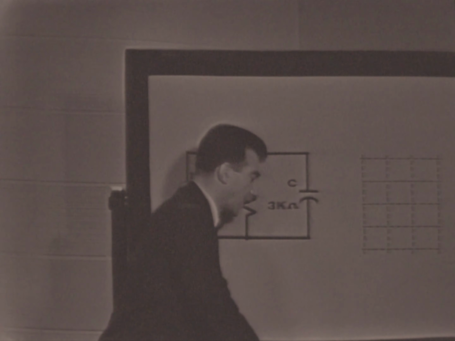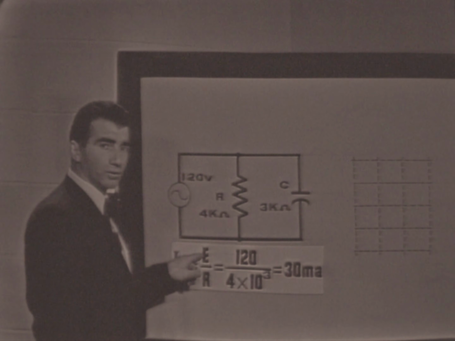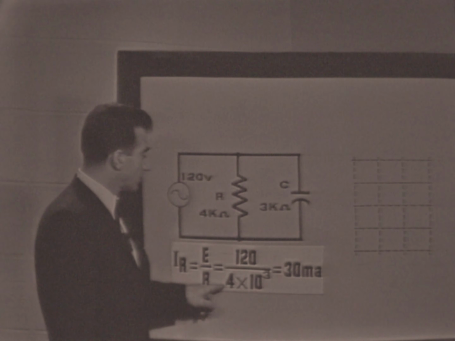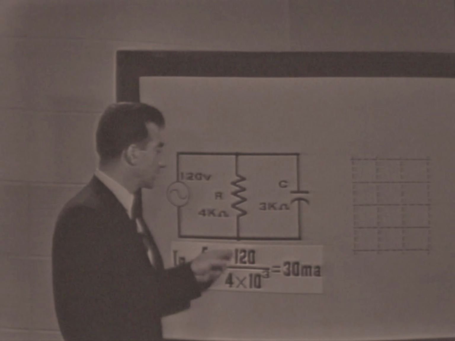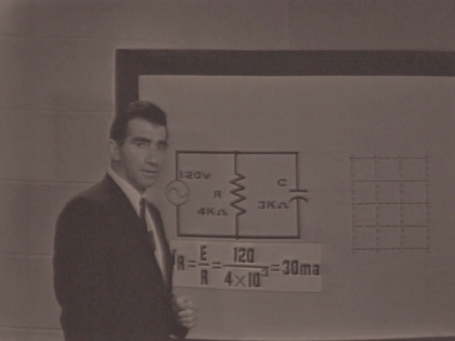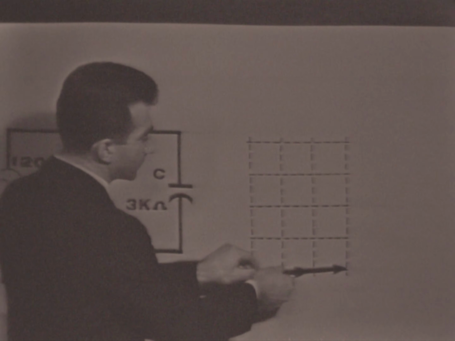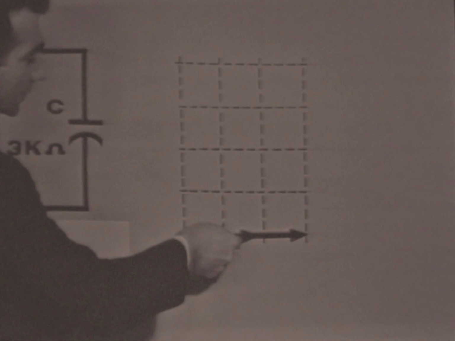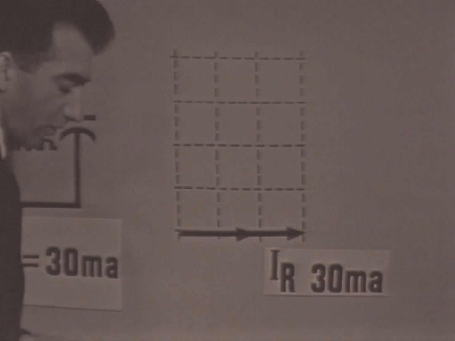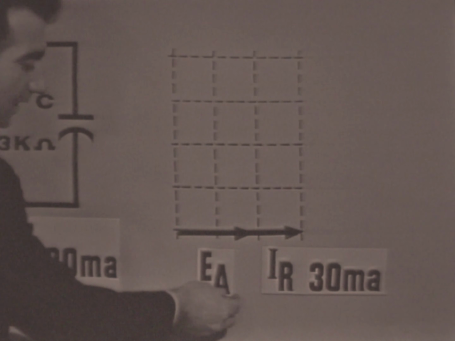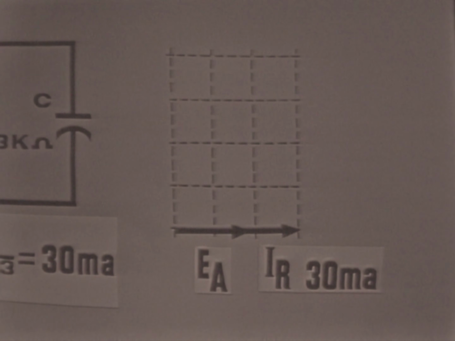For example, IR may be found by dividing the resistance into the voltage, or 120 volts over 4 k ohms gives us the total current through the resistive leg of the circuit of 30 milliamps. Thus, the vector for IR will show the value of 30 milliamps on our graph, and also the 30 milliamps of resistive current must be shown in phase with EA, since the resistor does not introduce a phase shift.